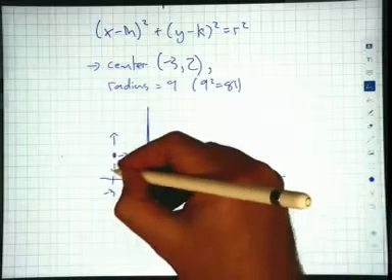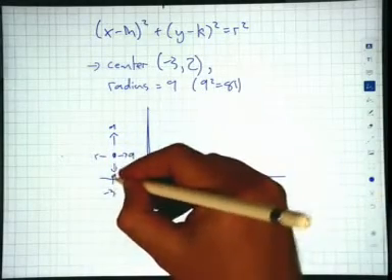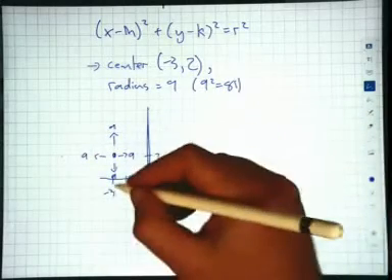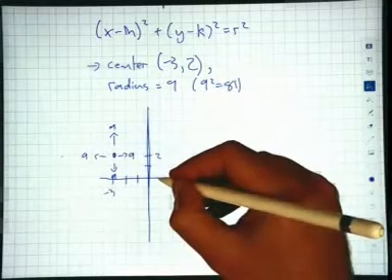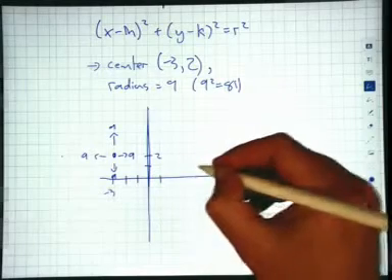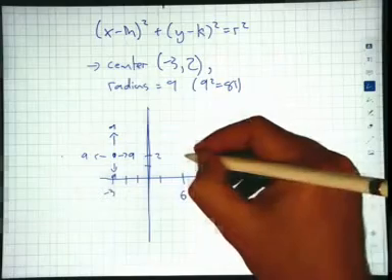I'm just going to go in these 4 directions, your compass, 9 in each direction, because I could tell I already ran out of room. If you're at negative 3 and go 9, you're going to be all the way out here at 6. So I'm just going to put 6 right there.